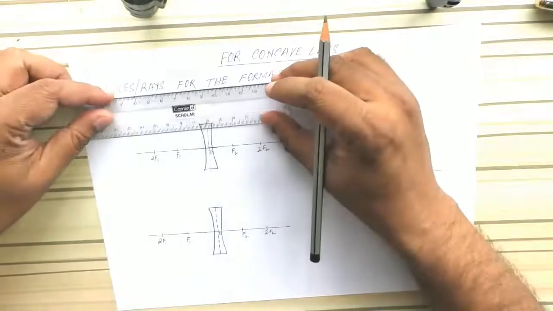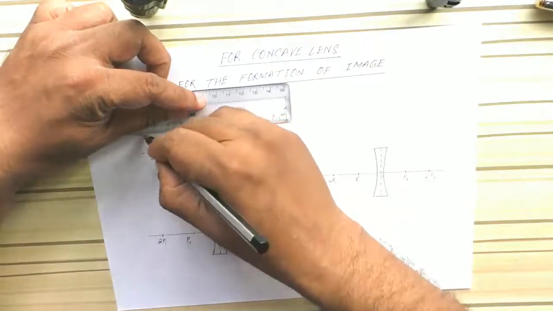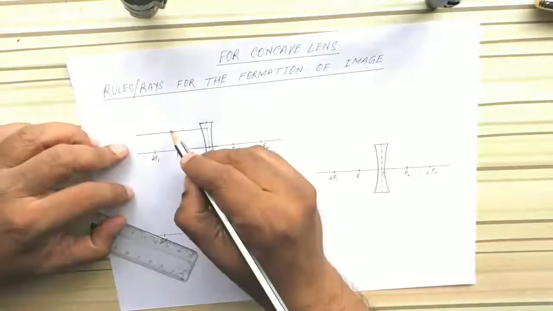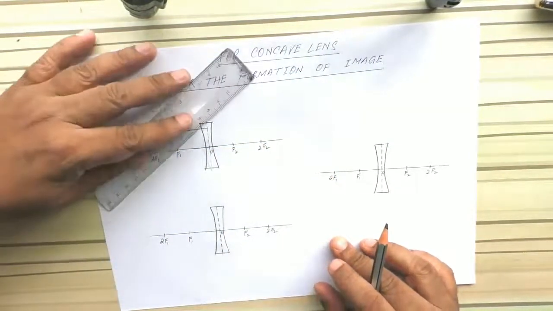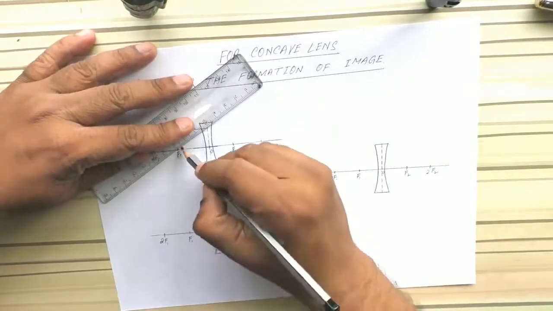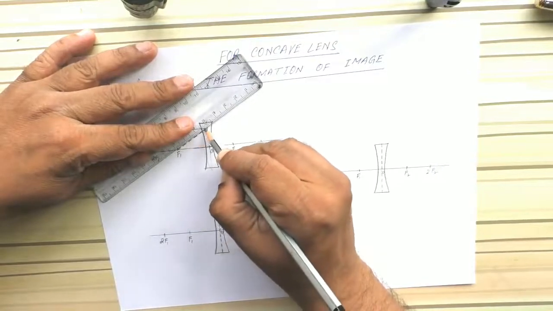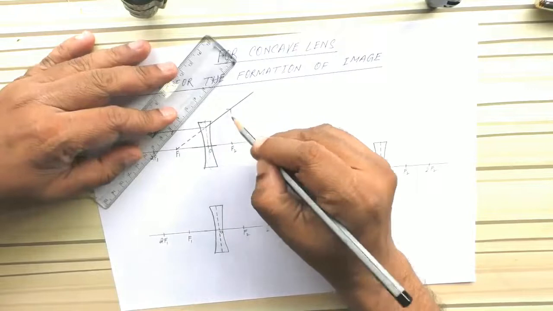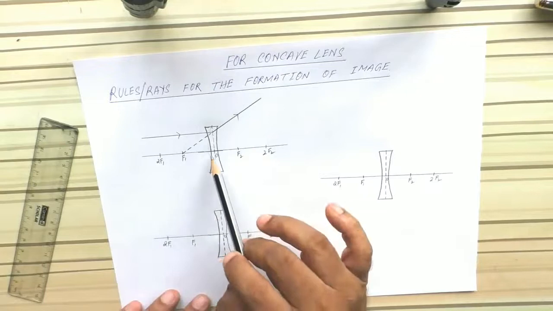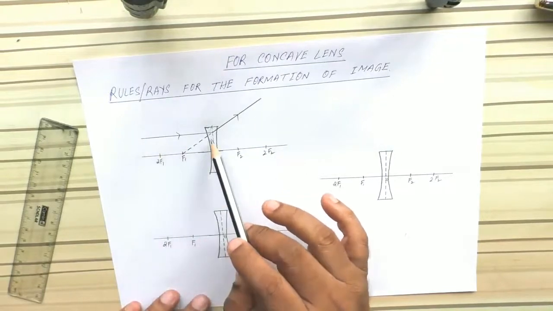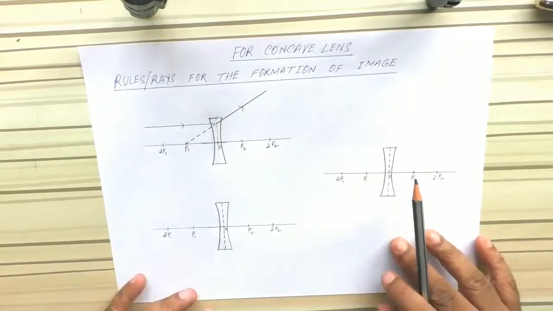So first rule: if a ray of light is incident parallel to the principal axis, after refraction this light ray appears to diverge from focus. For this part you should draw a dotted line, then you can extend. So if a ray of light is incident parallel to the principal axis, after refraction this light ray appears to diverge from focus f1.